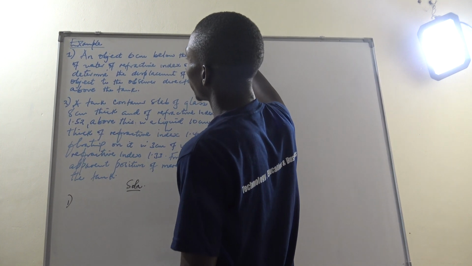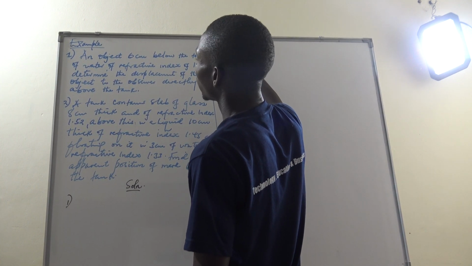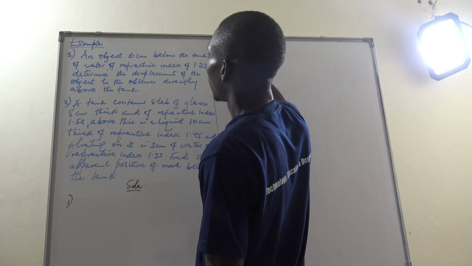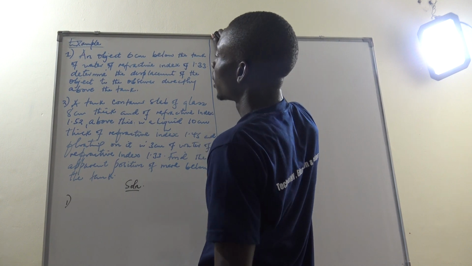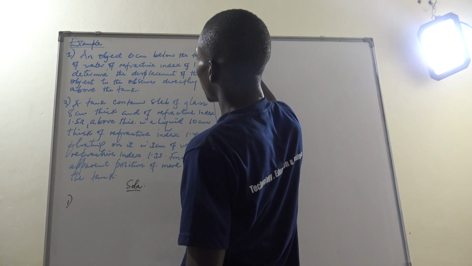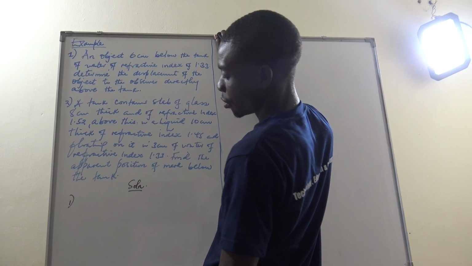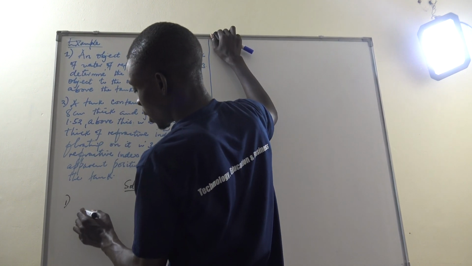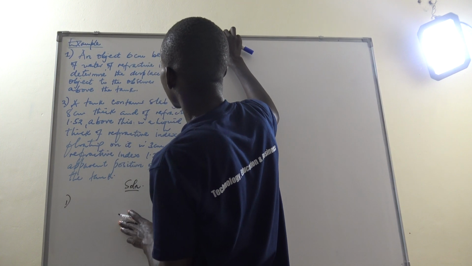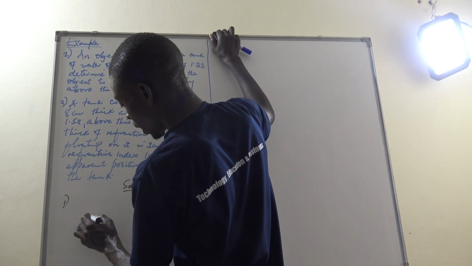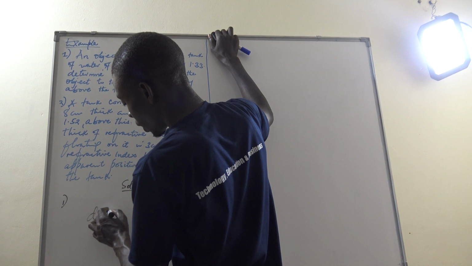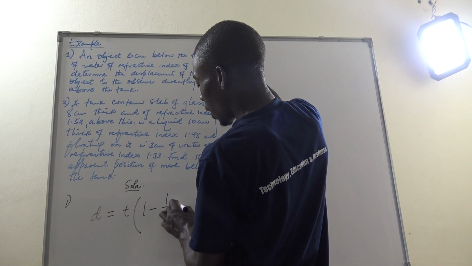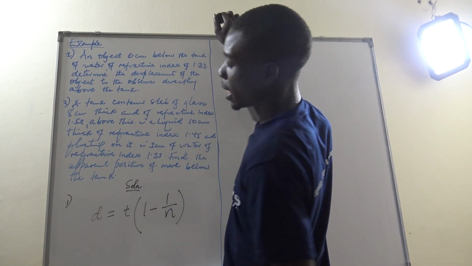It says that an object is 6 centimeters below the surface of a tank of water of refractive index 1.33, and they are telling us to determine the displacement of the object to the observer directly above. We shouldn't forget that they have given us 6 as the depth of the tank, and our formula is that displacement is equal to the depth times 1 minus 1 over the refractive index.